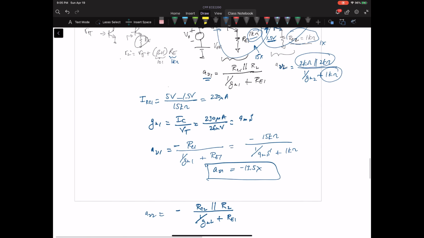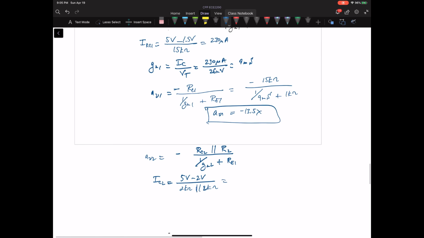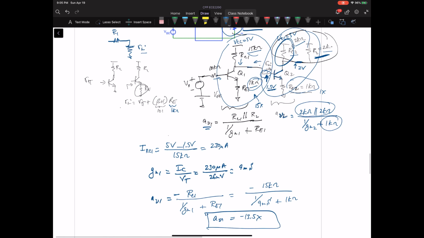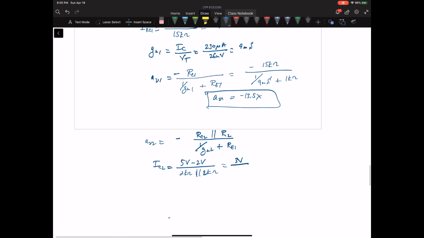So the current I sub C2 is 5 volts minus 2 volts divided by 2 kilo ohms in parallel with 2 kilo ohms, which is 1 kilo ohm. So that's RC2 plus R2. That's 3 volts over 1 k ohm, which gives me 3 milliamps.